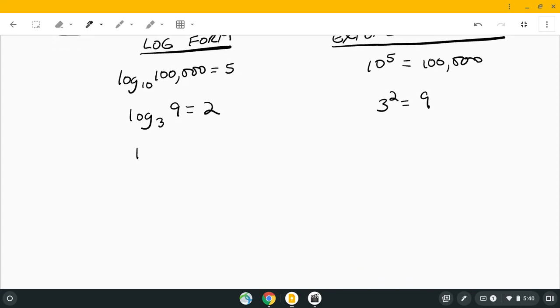Okay, and if I have log base 2 of 1 over 8 equals negative 3, then the exponential form would be 2 to the negative 3 equals 1 over 8. And that is true.